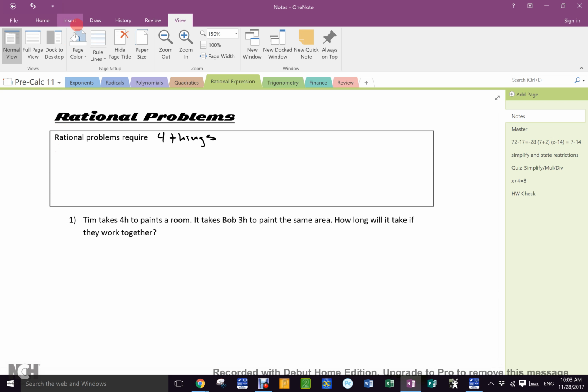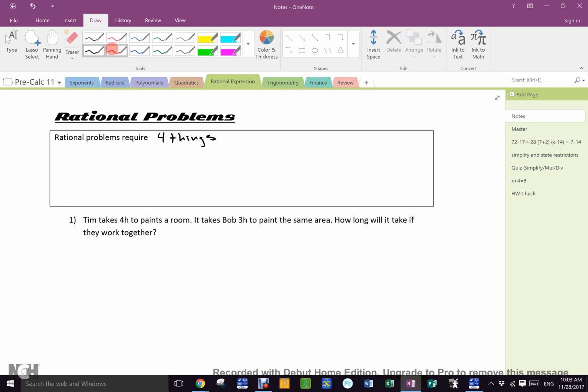Step 1. Assign variables. Because you can't do math until you know what it is you are working with. So, assigning a variable, this means 2 things.